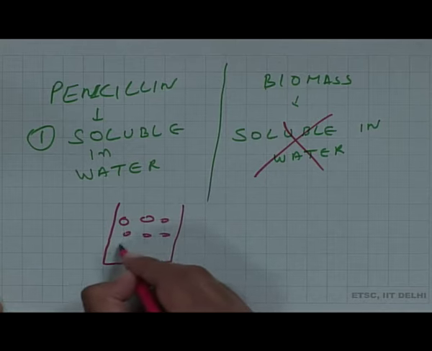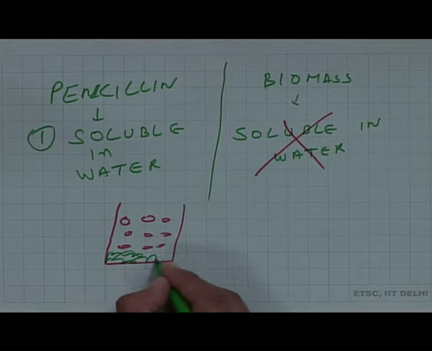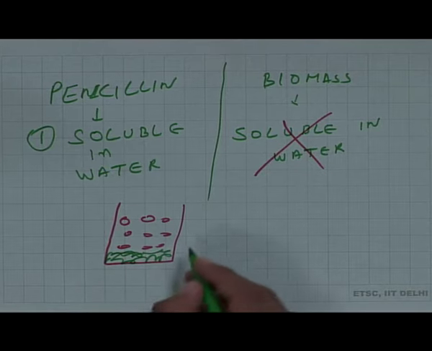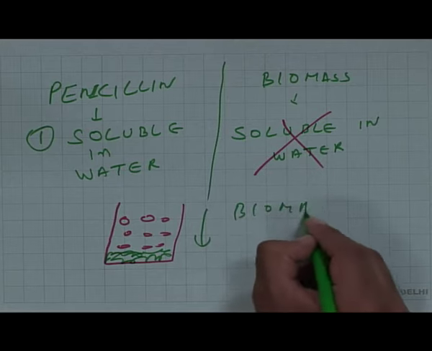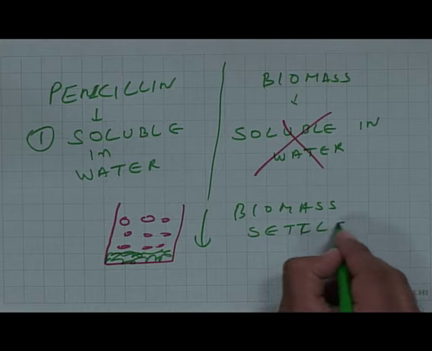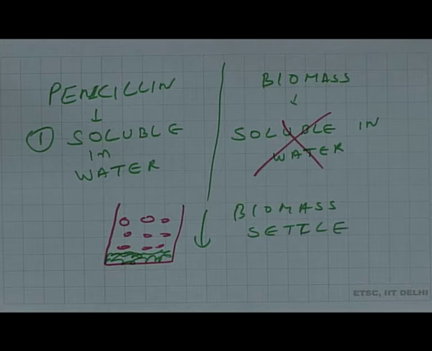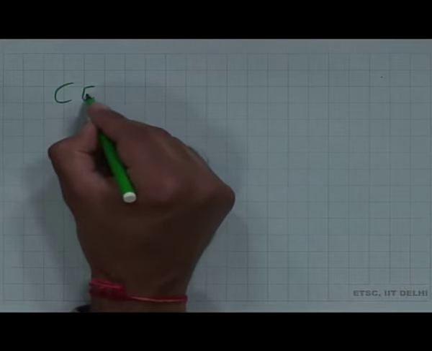They will remain like this in the water, while since it is insoluble, biomass will settle. That is how you can separate, but can you accelerate this settling? Yes, of course, you can accelerate this settling by a process called centrifugation.